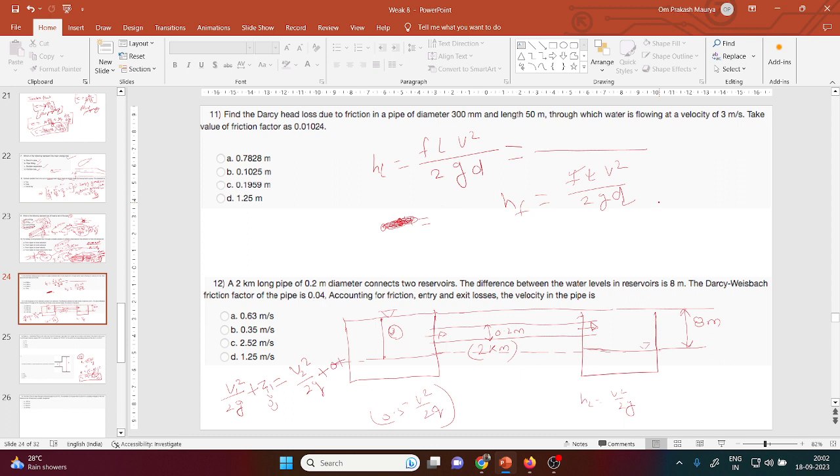And your all losses means you have 3 losses. HL all here I have written means this HF plus H entry plus H exit. HF is F L V square by 2gD in the pipe.